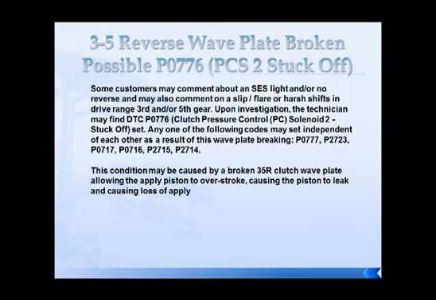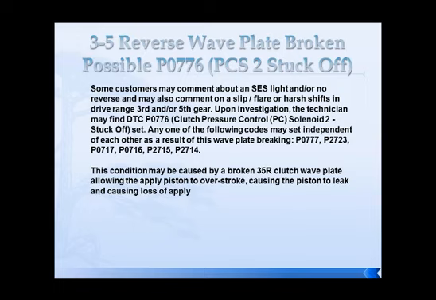This issue itself is usually going to be found out to be a broken wave plate. When the wave plate busts, the pieces of the wave plate get out, and they can damage the case, they can damage the planetaries, and they can allow the piston to overstroke, which obviously causes a leak, which in turn causes a no apply. So lots of different symptoms that you can get with this being broken.